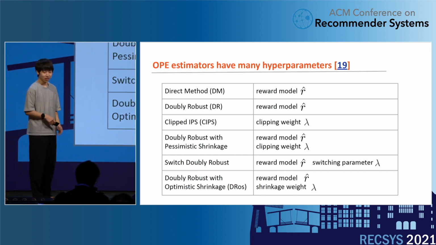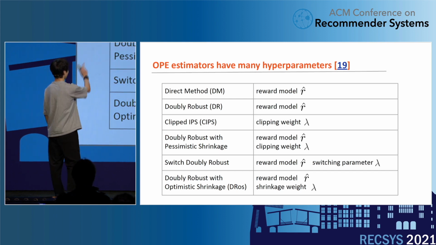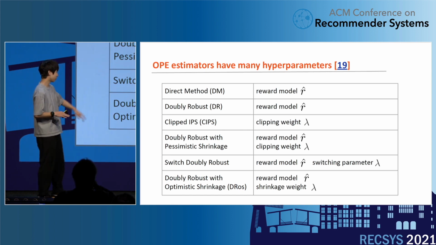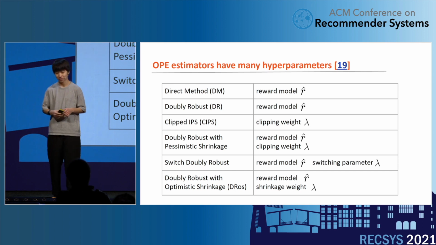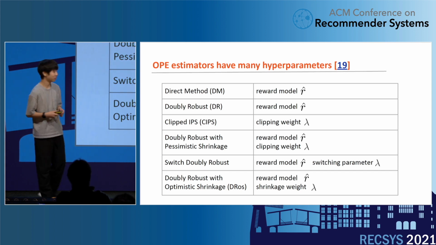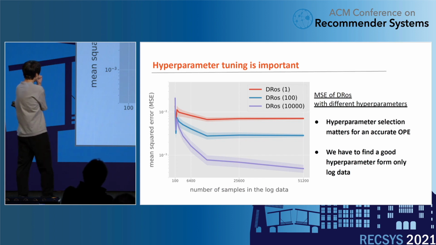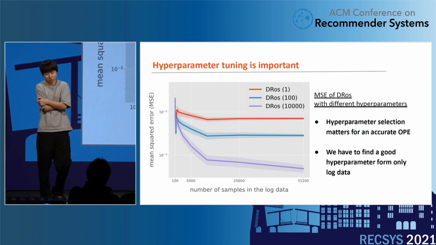We have to pick the right choices in constructing the reward predictor. And the most recent shrinkage estimator has a reward model and the shrinkage rate, a scalar hyperparameter value. So we have to tune these estimators optimally. And I would argue that hyperparameter tuning is very important in ensuring accurate policy evaluation.